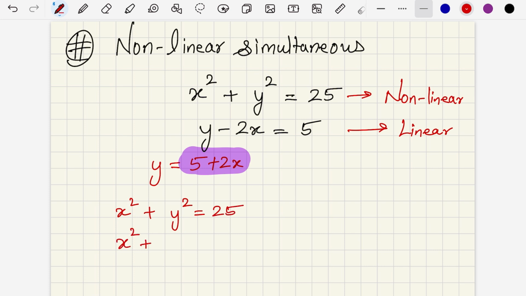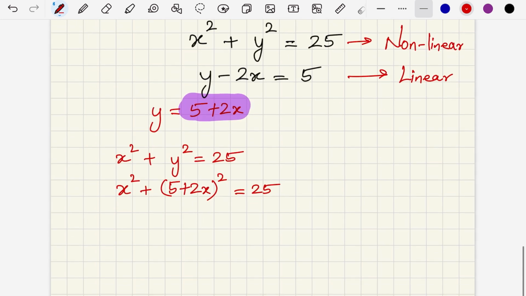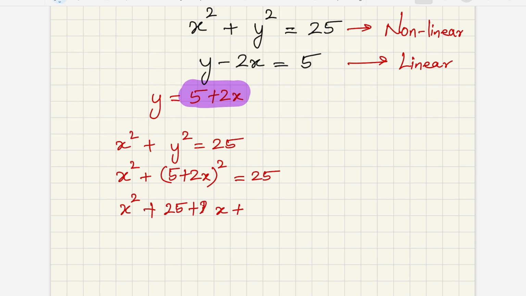So I'll get x square plus (5 plus 2x) the whole square equals 25. Now if I solve this, I'll get x square plus 25 plus 20x plus 4x square equals 25. 25 goes away. 4x square plus x square gives you 5x square plus 20x equals 0.